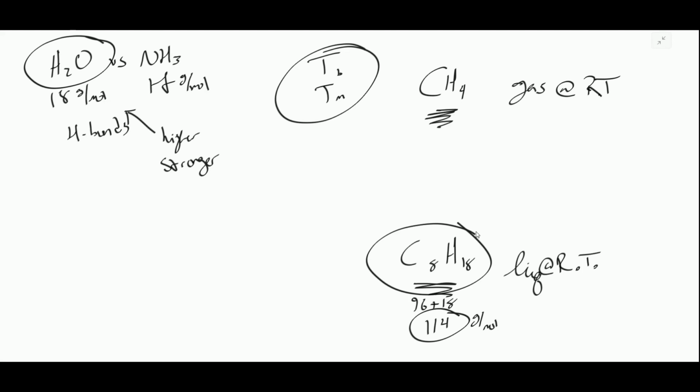So maybe that gives you some idea of the relative strengths of those non-bonding interactions. So to recap really quick, London dispersion forces are weaker than just being polar, which is weaker than hydrogen bonding, which is the strongest kind of interaction.